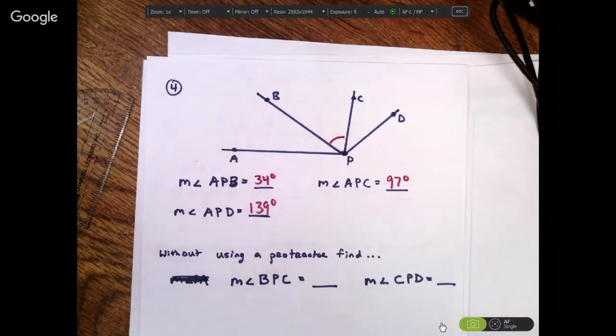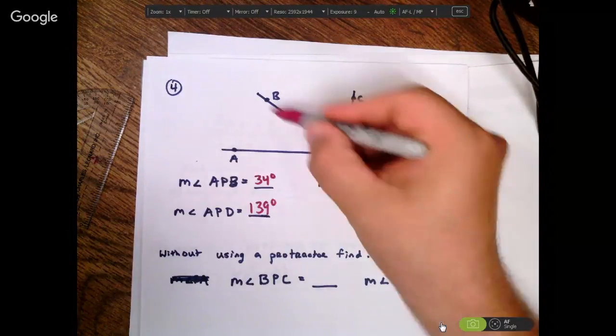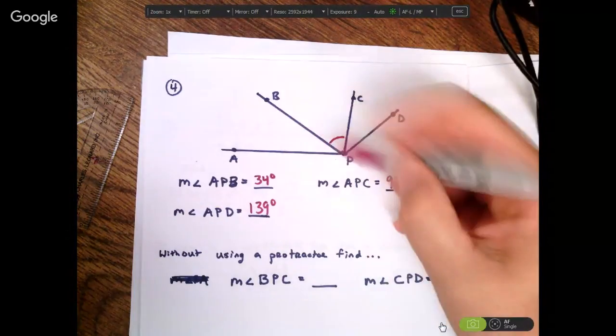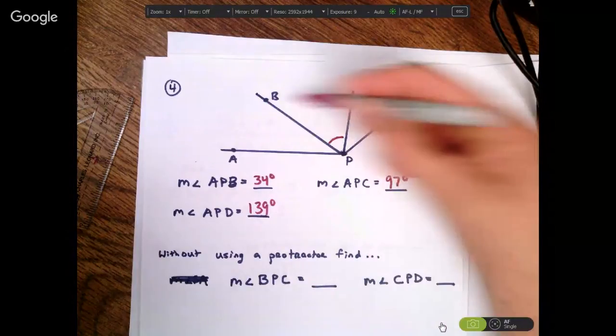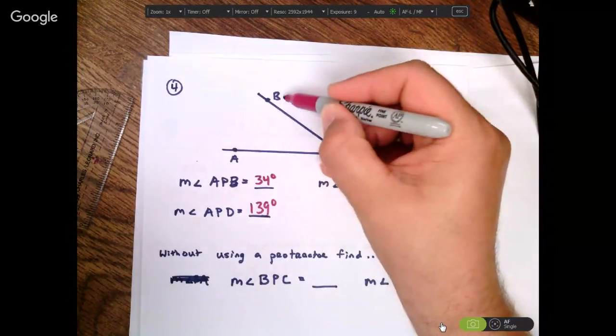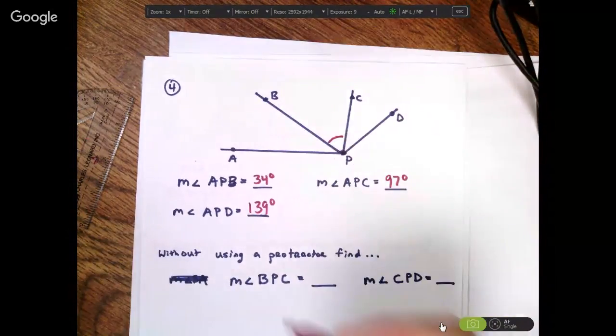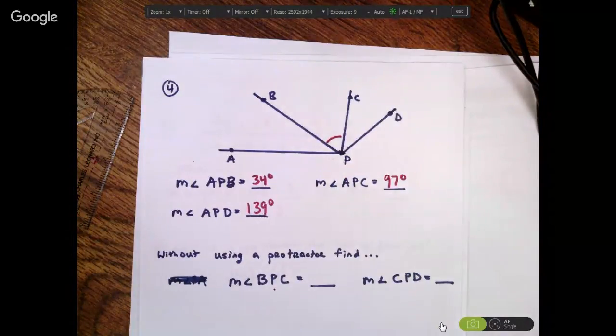Wouldn't it be PBC? PBC would be this angle right here. So it's the second one. So the middle part is the vertex. Oh, okay. Why can't I say angle P? Because we have multiple angles.